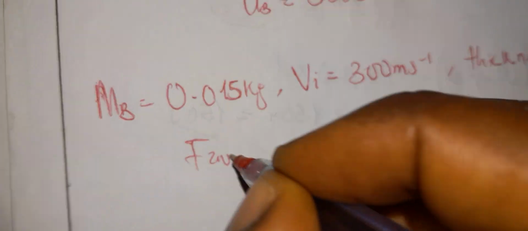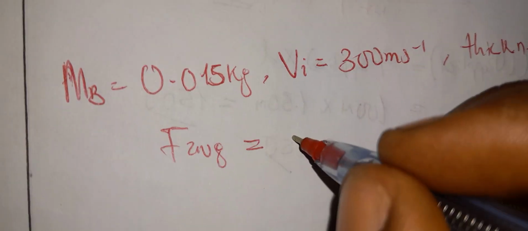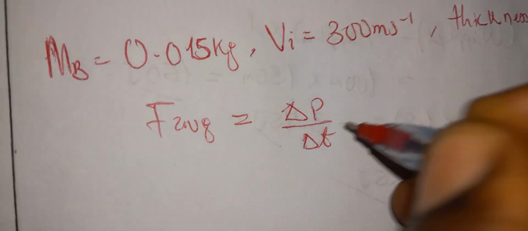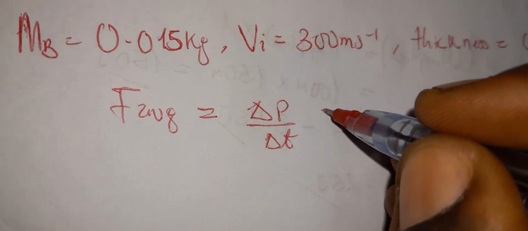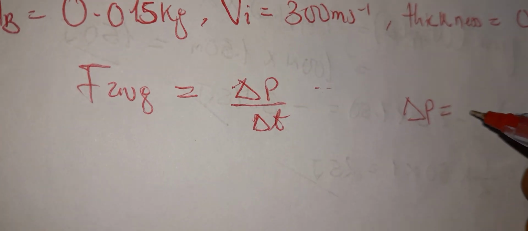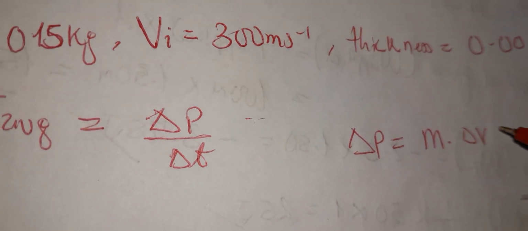All right, let's dive into the question now. F average, the average force. Since it changes uniformly, we'll be using change in P over change in t. Let's talk about change in P. That's momentum, which will be m times change in velocity.